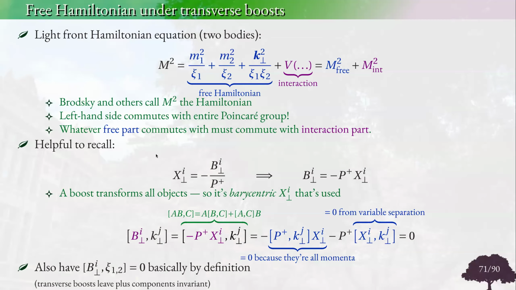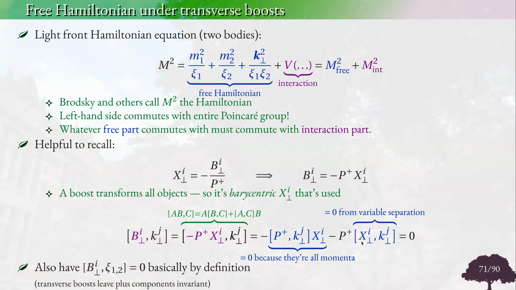So in one example, for the transverse boosts, you can show using some basic algebra that the relative transverse momentum commutes with transverse boosts. You can use the standard commutator of AB with C relation to break it into two terms, one of which vanishes because you're commuting momenta with each other, and one of which vanishes because of separation of variables.